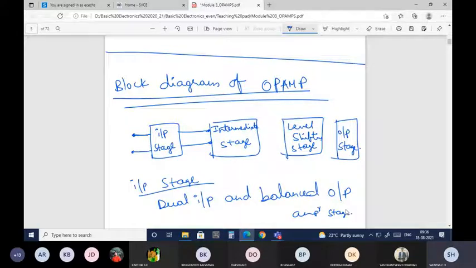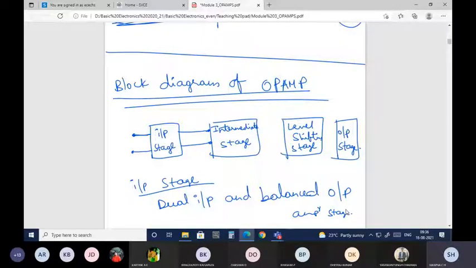It is a differential amplifier which amplifies the difference between the 2 input signals, and it also decides the value of input resistance, which ideally should be infinite.